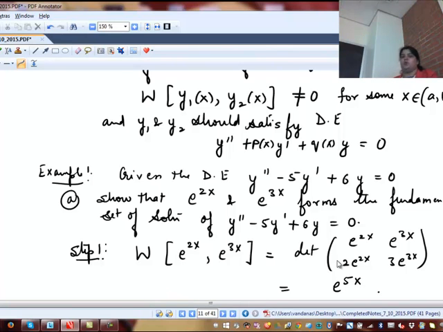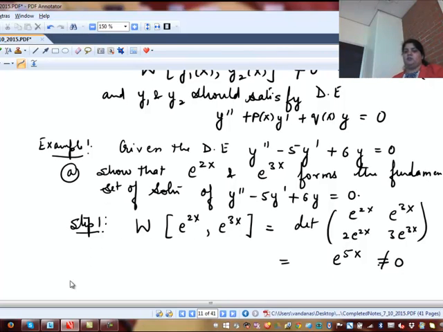Right? e to the 2x times 3e to the 3x will be 3e to the power 5x, minus 2e to the power 5x. You all are with me? Okay. Is it 0? No. So one part is satisfied. This is non-zero.